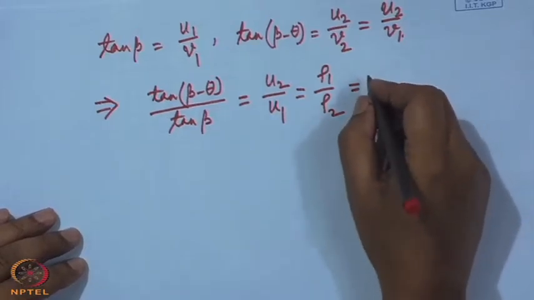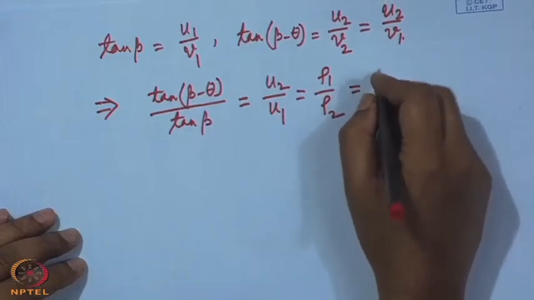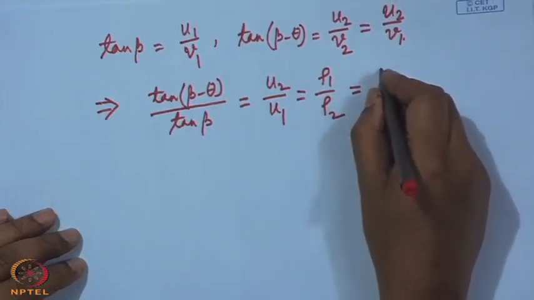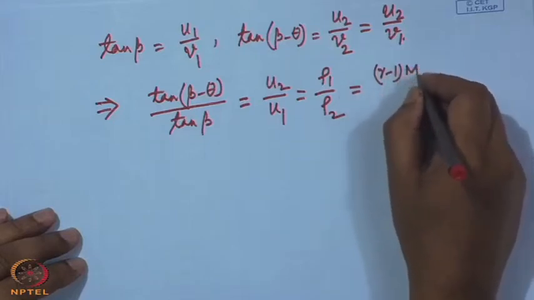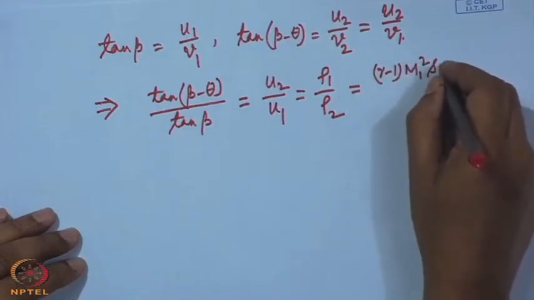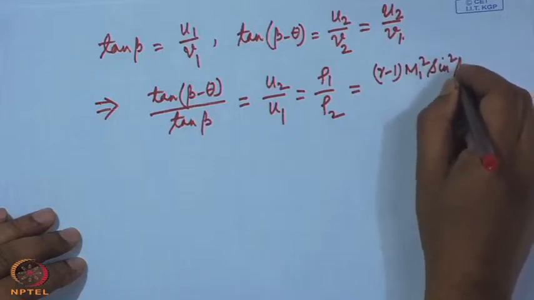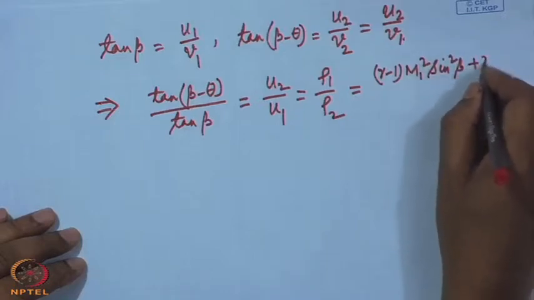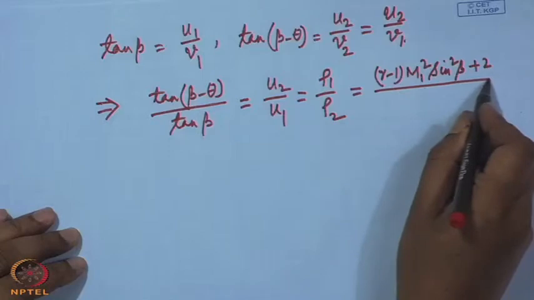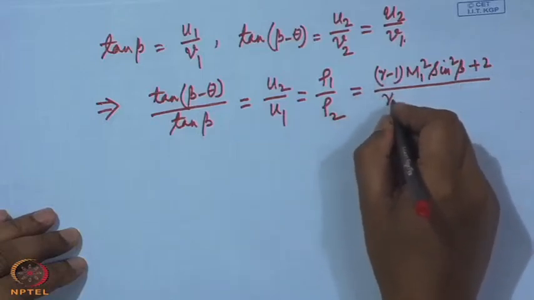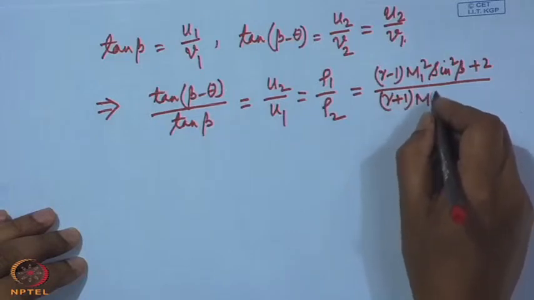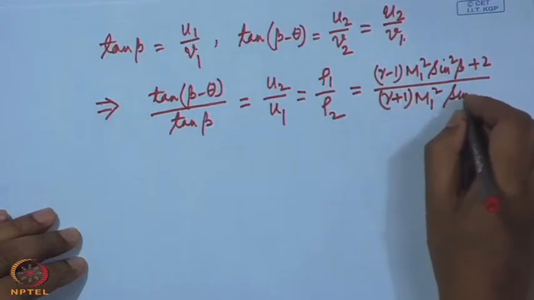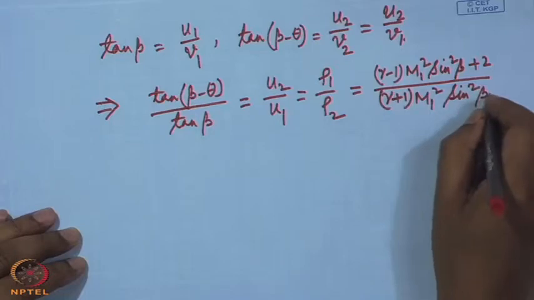gamma minus 1 m 1 square sin square beta plus 2 by gamma plus 1 m 1 square sin square beta.